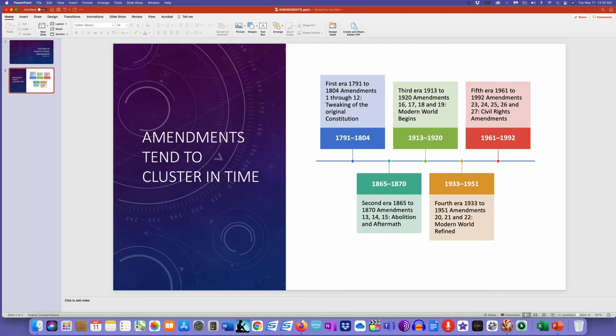This amendment stipulates that if Congress changes its own salary, the change doesn't go into effect until after the next election, when a new Congress is seated. Okay? So if Congress, let's say, increases its own salary in September of 2022, that increase will not go into effect until January 3rd of 2023.